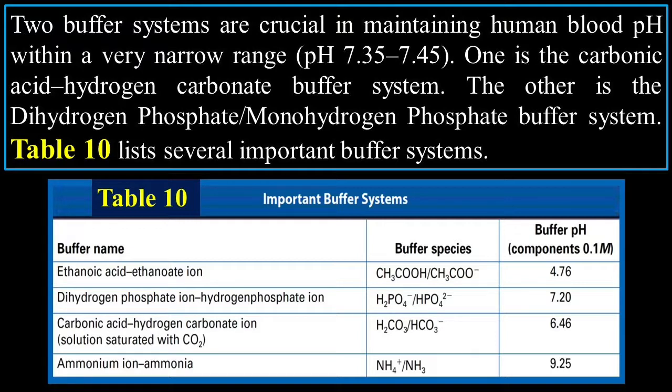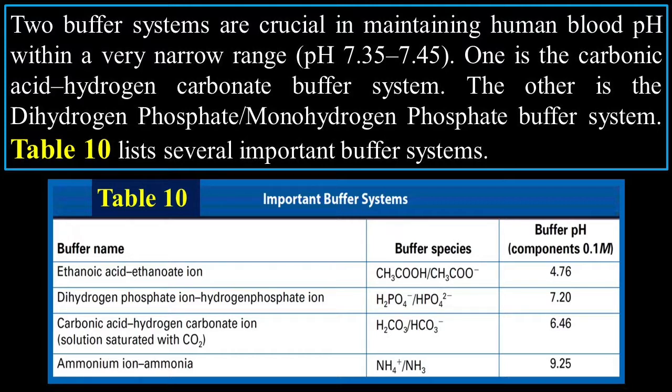That's pH 7.35 to 7.45. One is the carbonic acid hydrogen carbonate buffer system. The other is the dihydrogen phosphate monohydrogen phosphate buffer system.